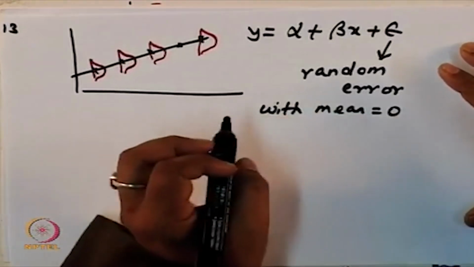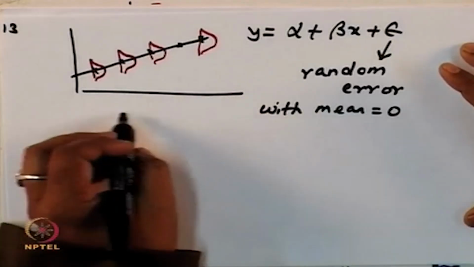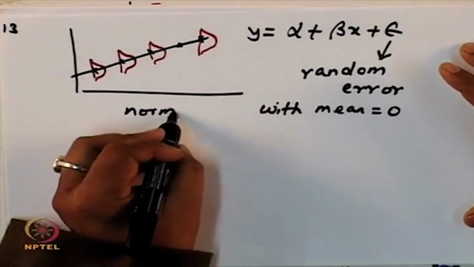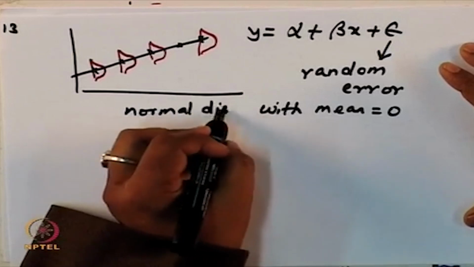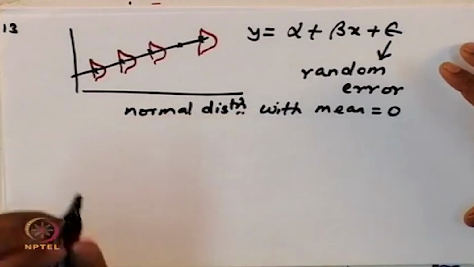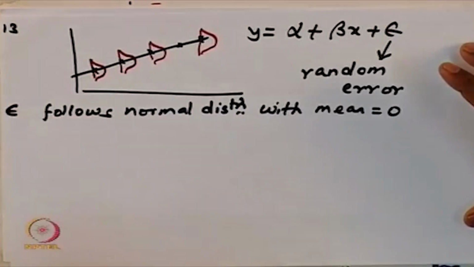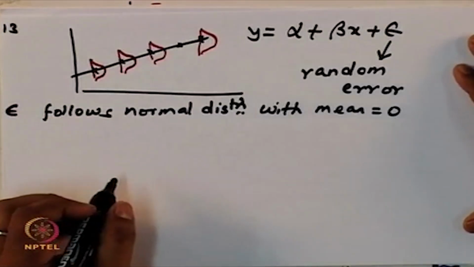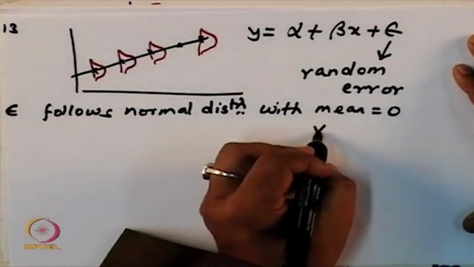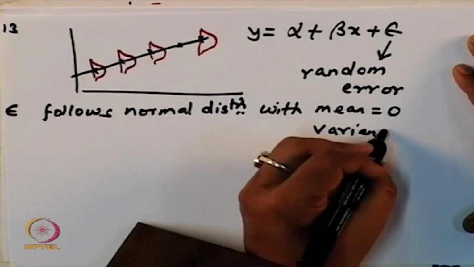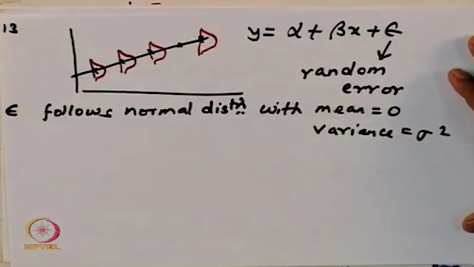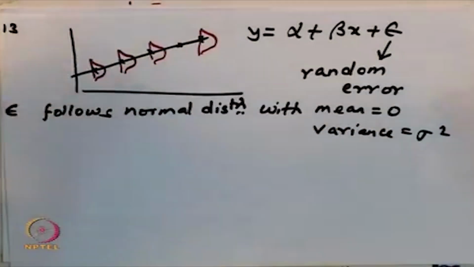So, it follows a normal distribution, with mean of 0 and variance of sigma square.